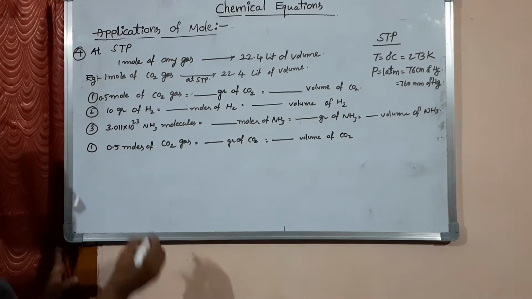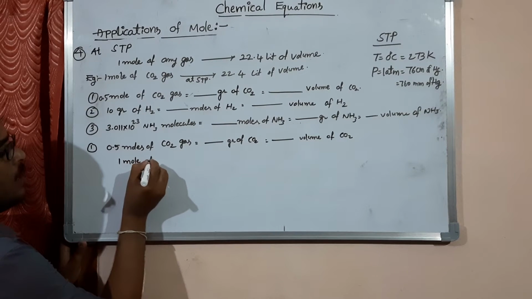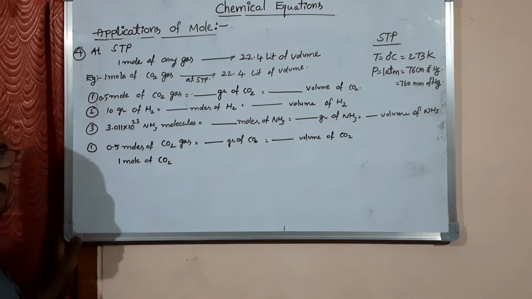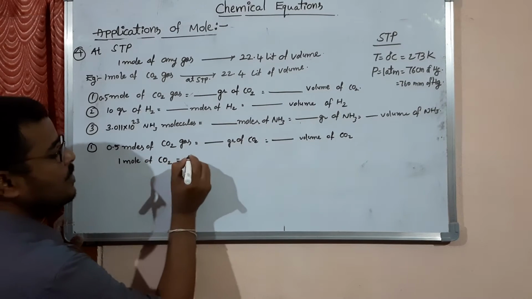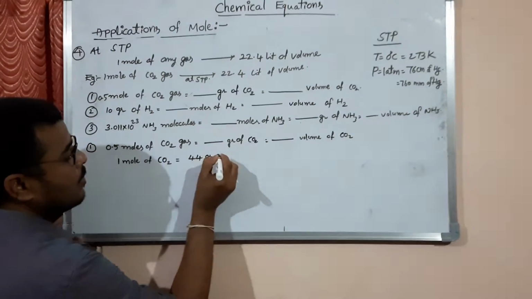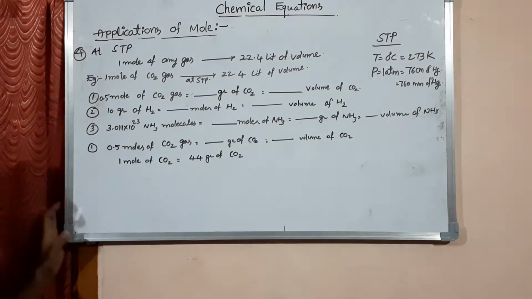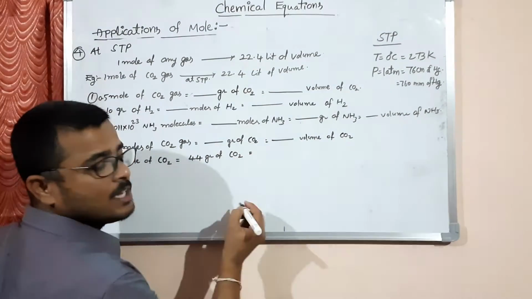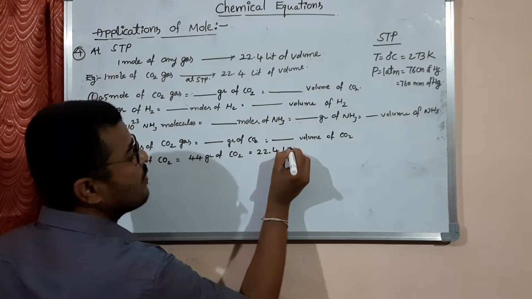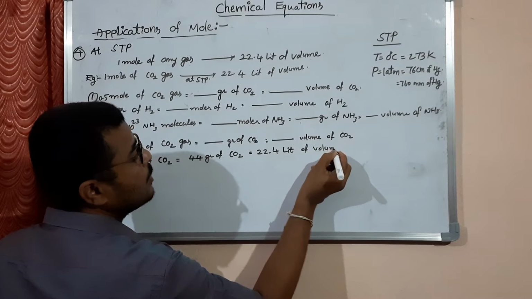So here first we have to consider 1 mole of CO2, that is equal to, as we already know, 44 grams of CO2, which occupies at STP conditions 22.4 liters of volume.